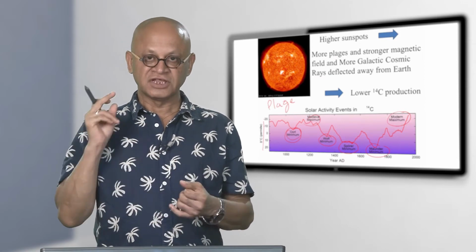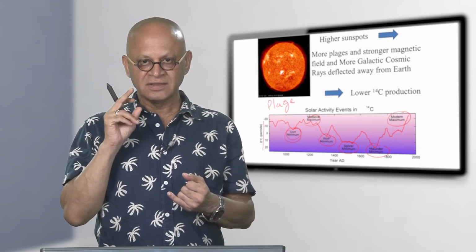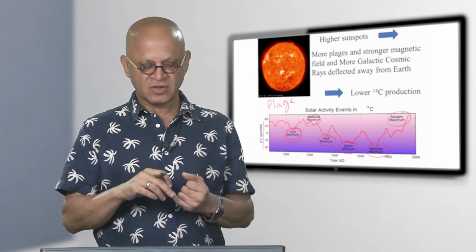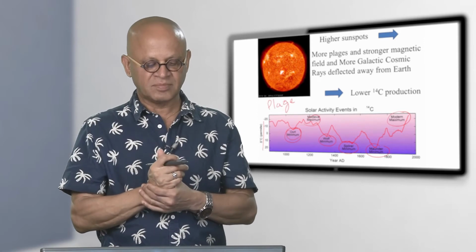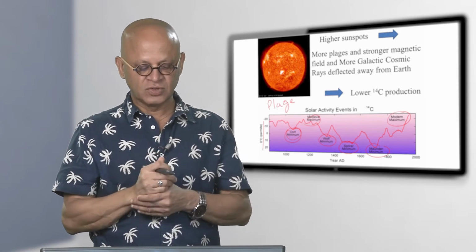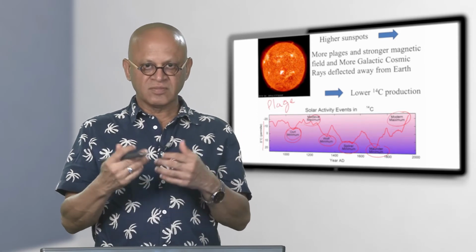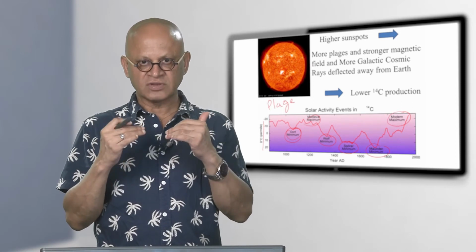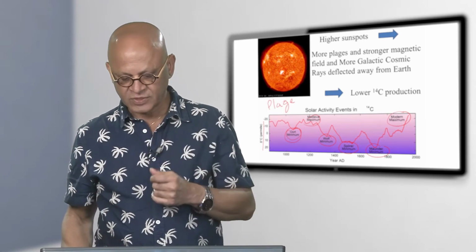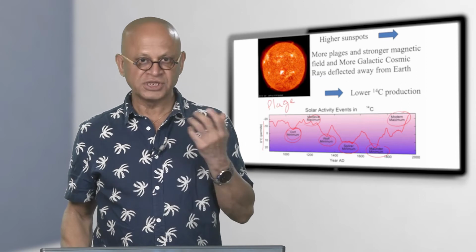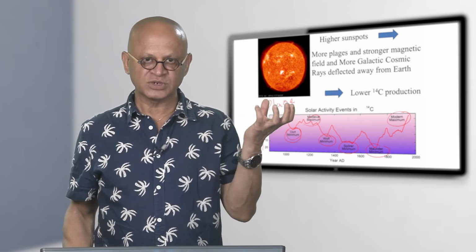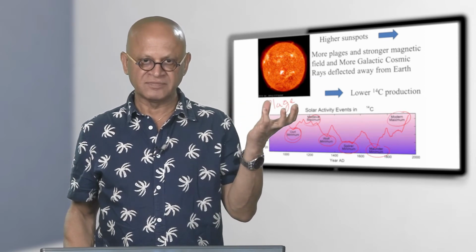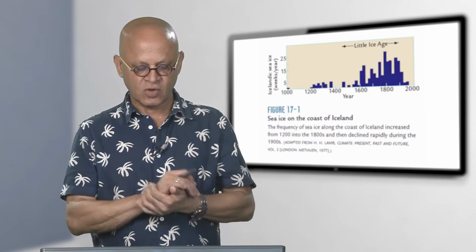So sunspots can increase the radiation because there is a brighter plage around a sunspot. So the more the sunspots, the more the energy; the fewer the sunspots, the less the energy. That's what you have to remember. And when you change the sun's energy, the amount of production of C14 and beryllium changes, which will be recorded.